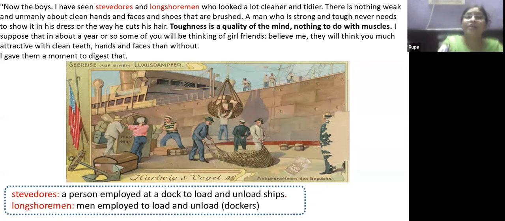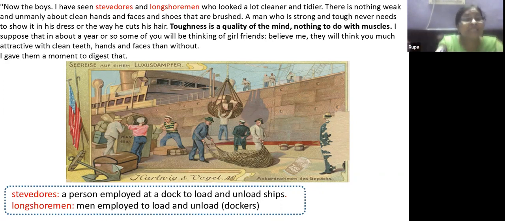So he's telling, a man who is mentally strong does not need to show that he's strong in the way he is dressing or the way he maintains his hairstyle. It's not needed, he's telling.